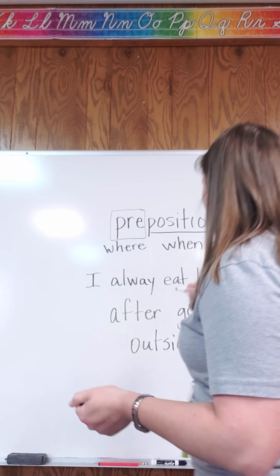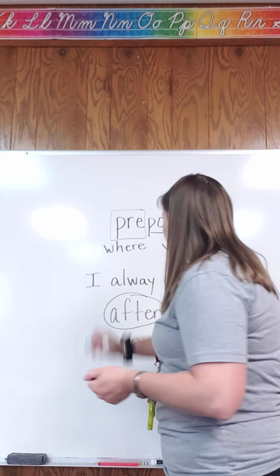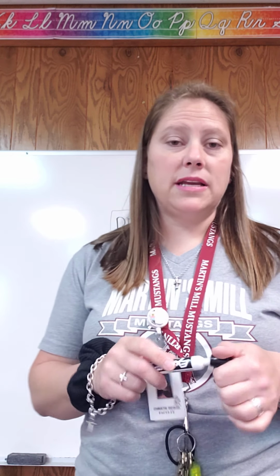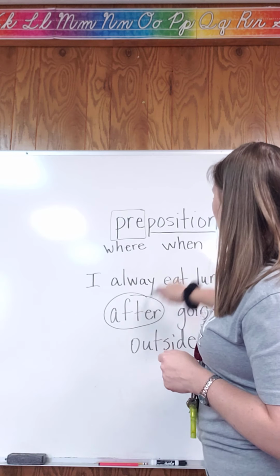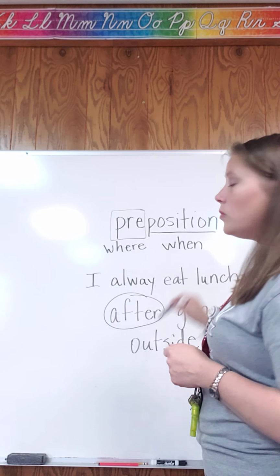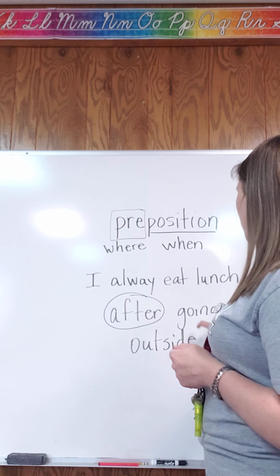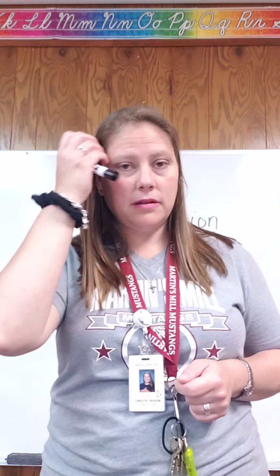Okay, if you would have circled after, then you would have been correct as far as the preposition in that sentence that is telling us when. I always eat lunch after going outside. Okay?